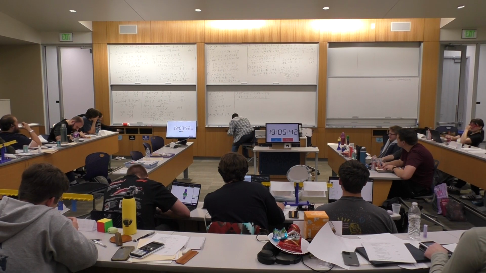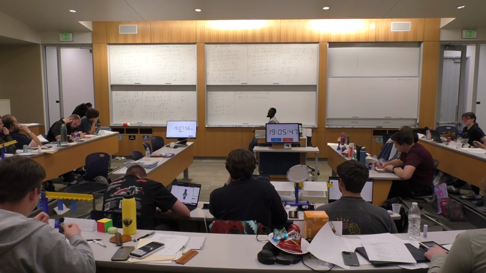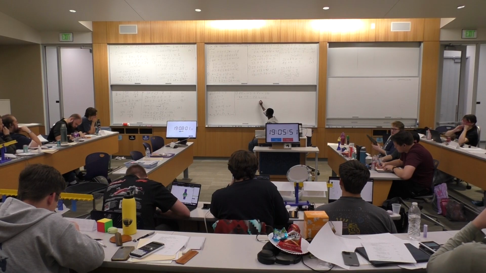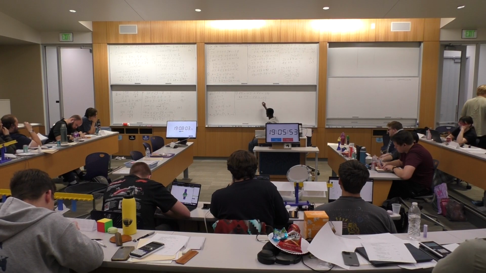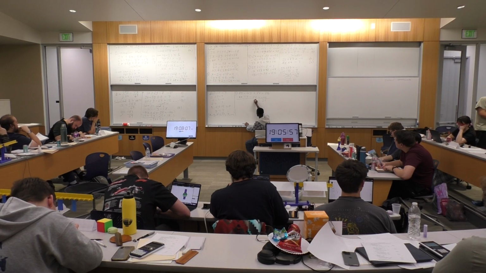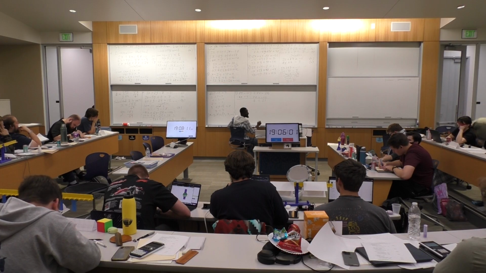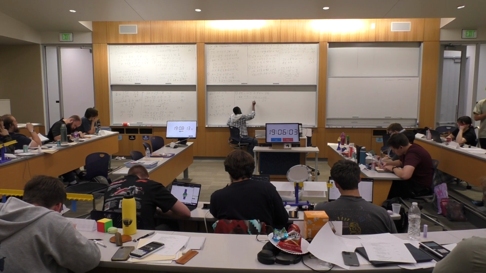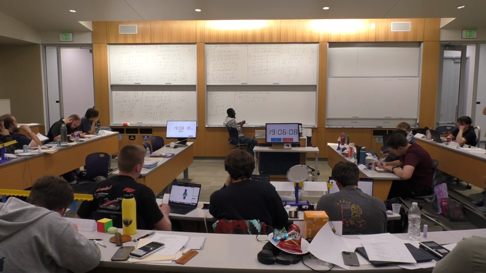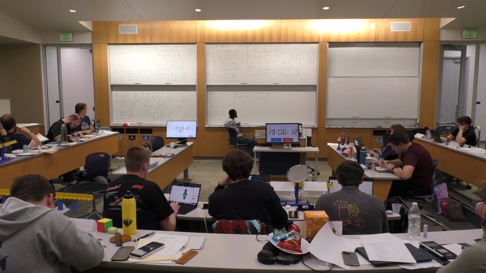If you add them, what do we have? There you go, 22z, just one z, and then negative 3y.